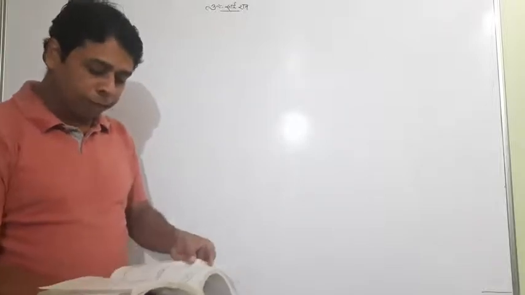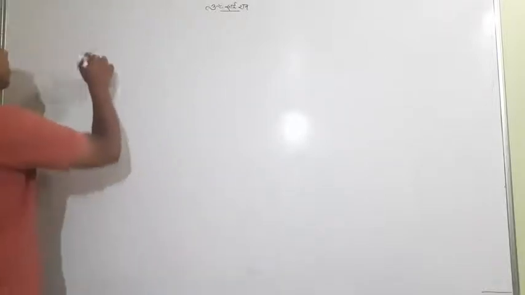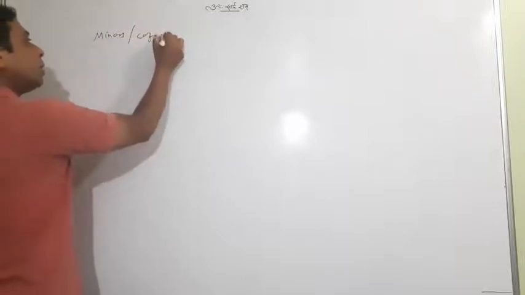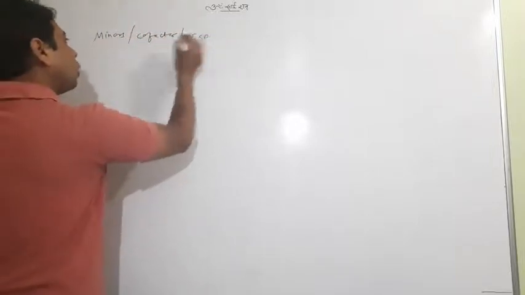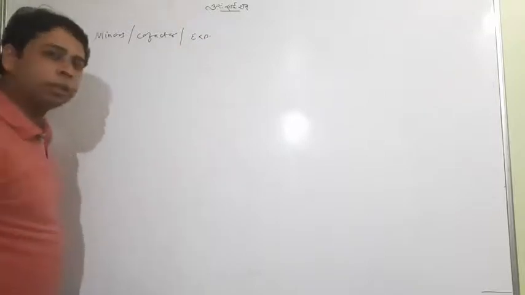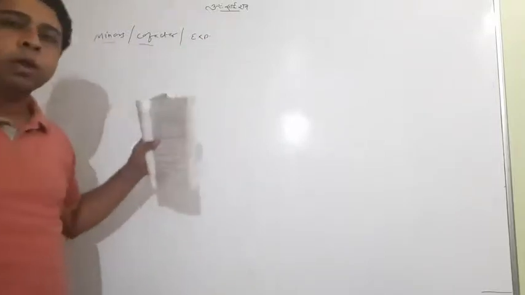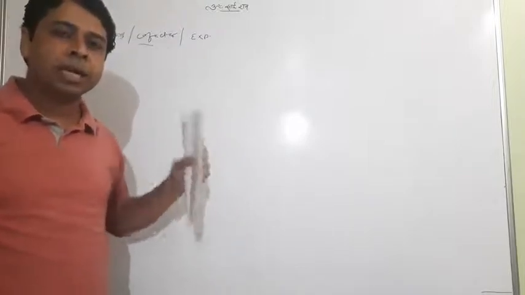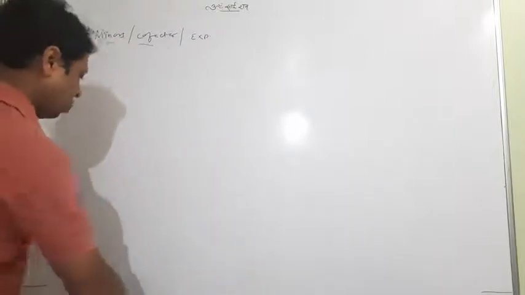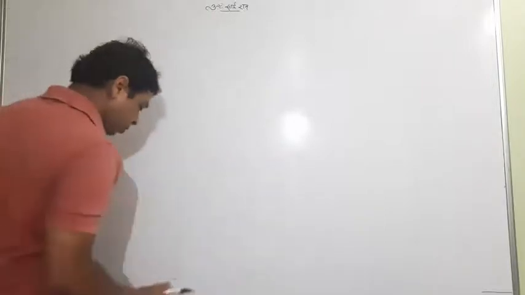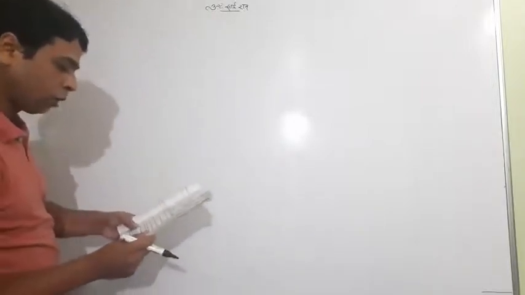You don't worry, because I have taught you minors and cofactors and expansion along row 1, row 2 and row 3 or column 1, with the help of minors and cofactors. All are coming in this exercise, so go with this. I hope you are well versed in this concept and you can do it.